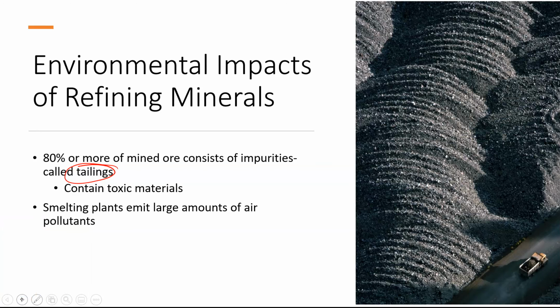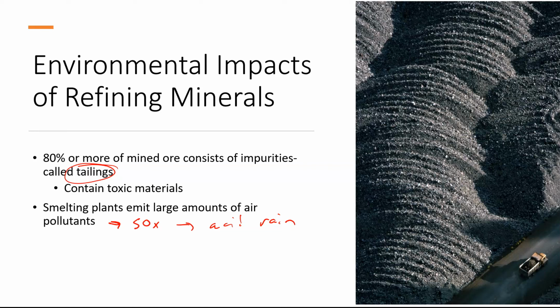Okay, the smelting plants that extract the one material that we do want out of that ore emit large amounts of air pollutants, particularly sulfur oxides, right? Which can then lead to acid rain or acid precipitation.